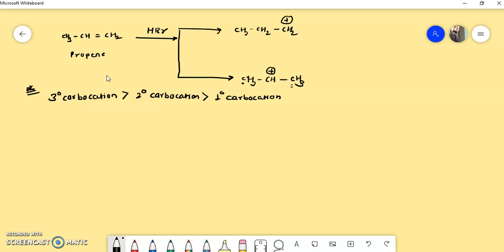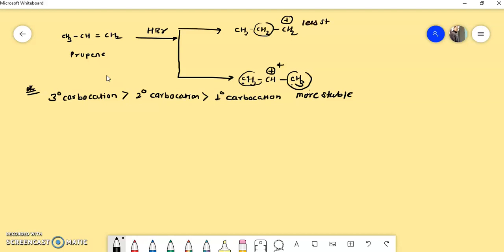That's why this positive charge is satisfied by these two methyl groups, and here the positive charge is satisfied by only one CH2 group. That's why we can say that this carbocation is more stable. This is a secondary carbocation as compared to this primary carbocation.